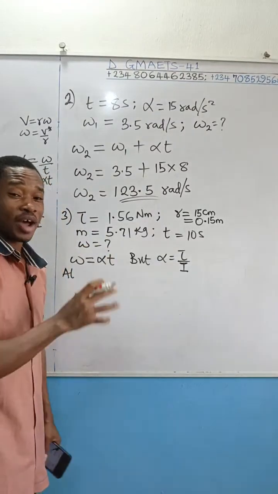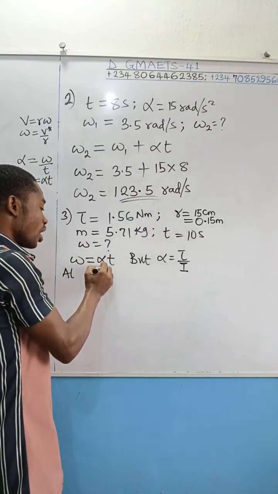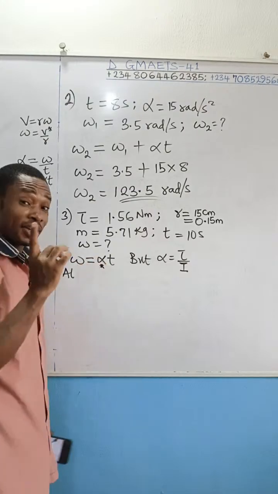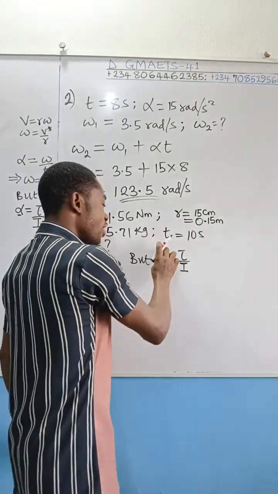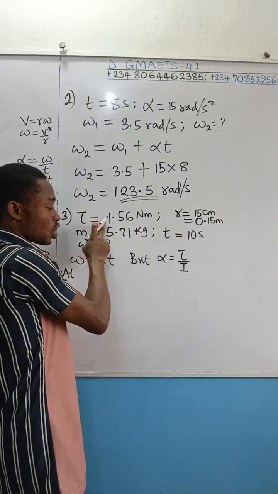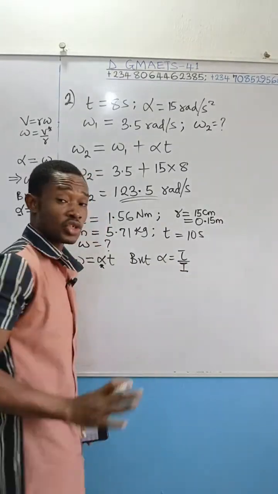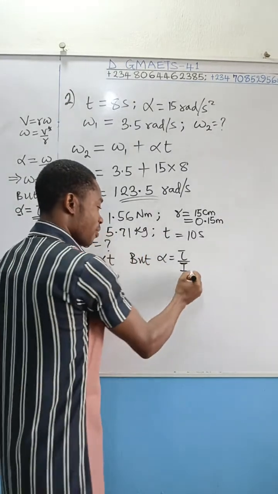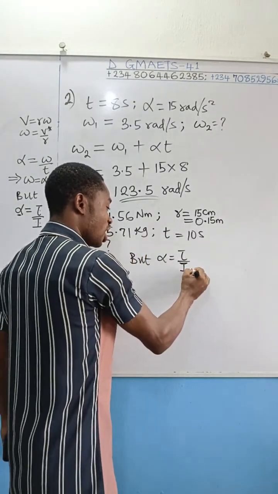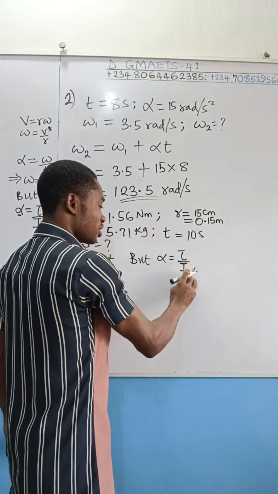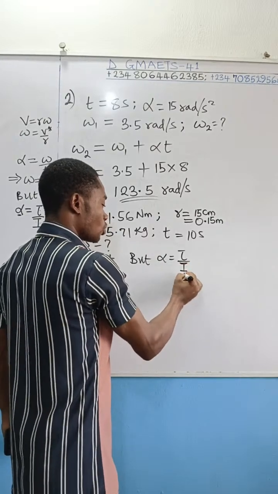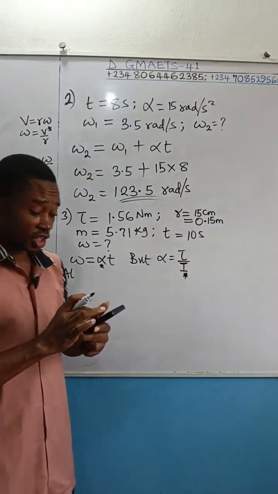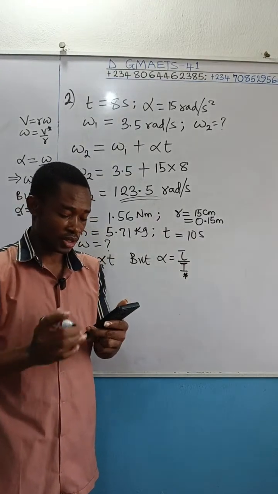I don't know alpha. To get alpha, I can use torque divided by moment of inertia. Once I get alpha, I can substitute here. But the problem is, I don't know the moment of inertia of that solid disk. I have to go and find it out.